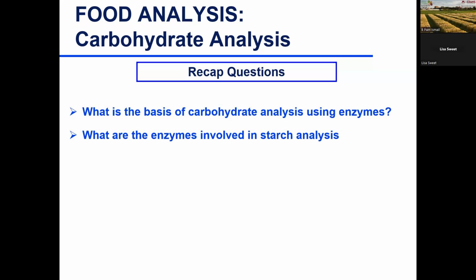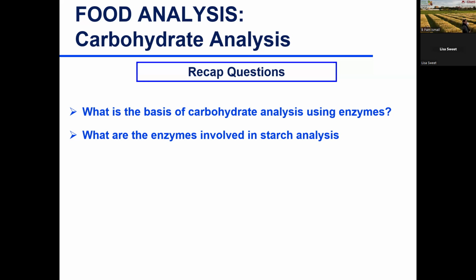So what are the enzymes involved in starch analysis? First, we need an endoenzyme. Do you remember what it is? It's a very common one, Taylor. Alpha amylase. The alpha amylase is going to chop down your amylose and amylopectins into small, short-chain maltodextrins. And then what happens after that?